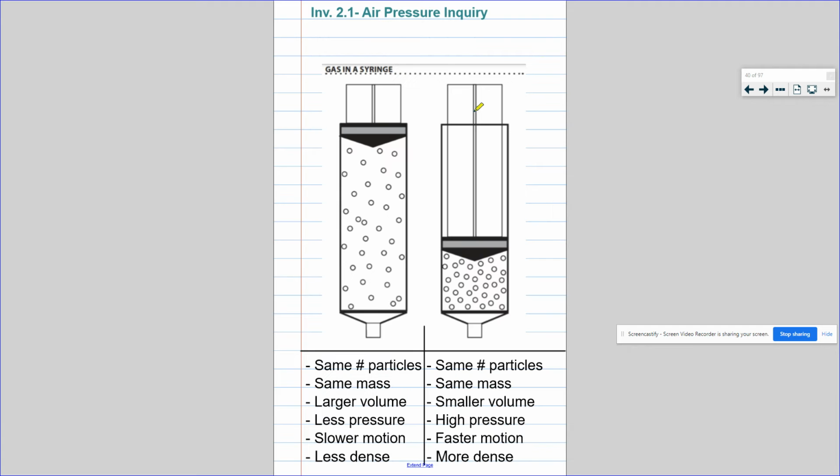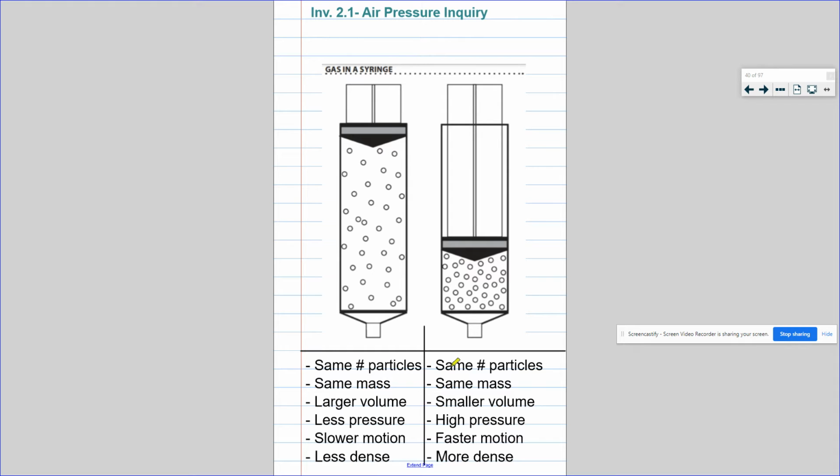So now this is important when you are going to take this next sheet here, the gas in a syringe one. But before you glue this in, I want you to double check. You need to glue this up high enough so that you have these number of lines down at the bottom. So I need at least 1, 2, 3, 4, 5, 6.